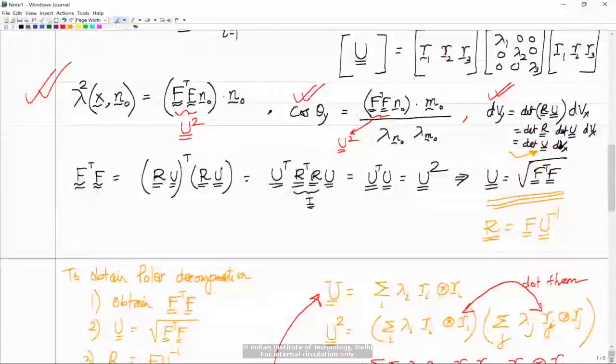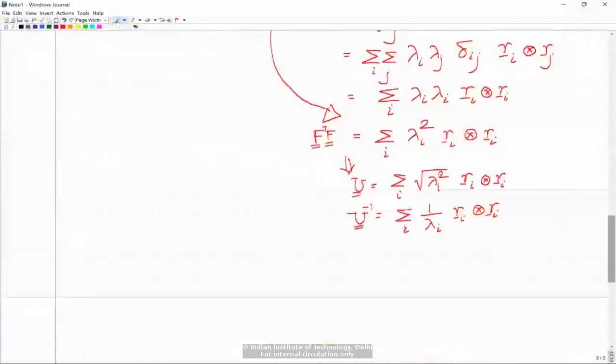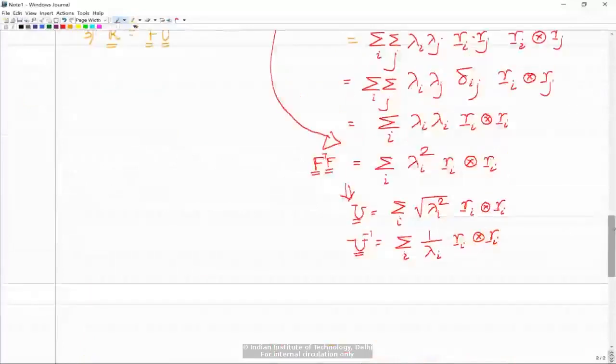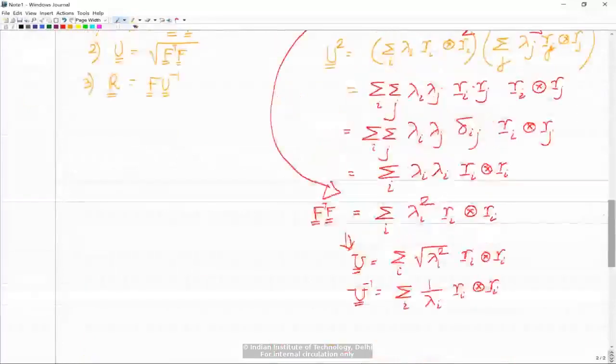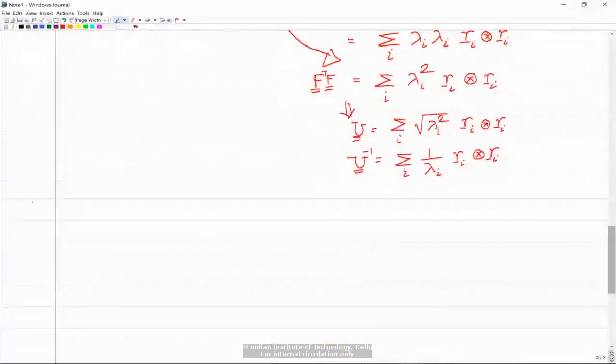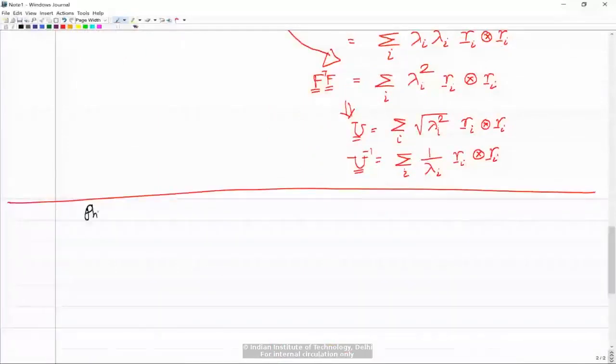It's U which is appearing. So certainly it has some nice physical meaning also. So let us try to explore the physical meaning of R and U.